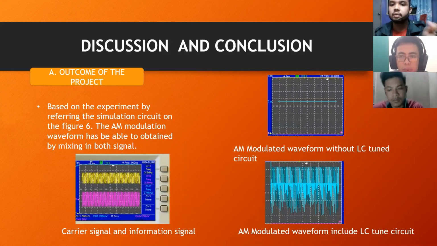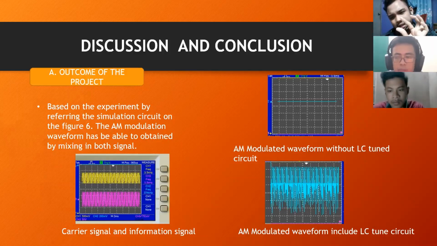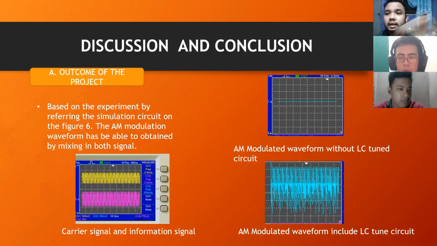The blue, channel 2, is the AM related waveform. We don't get the envelope, but we have done a little bit, and we can see the simulated waveform without the LC tune circuit has no waveform. It's a straight line. When we use the LC tune circuit, we got the waveform on channel 2. Next, Imran.